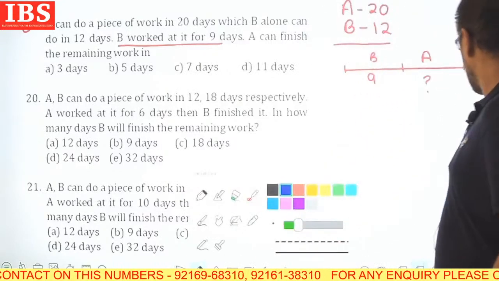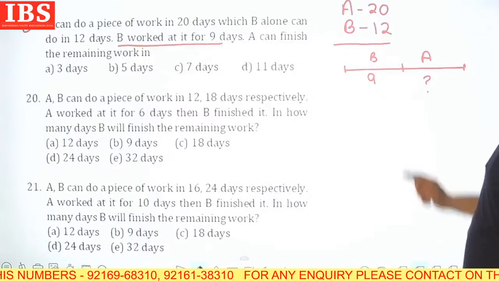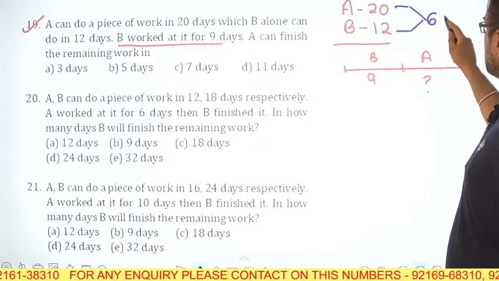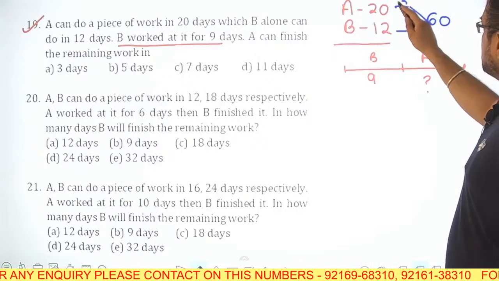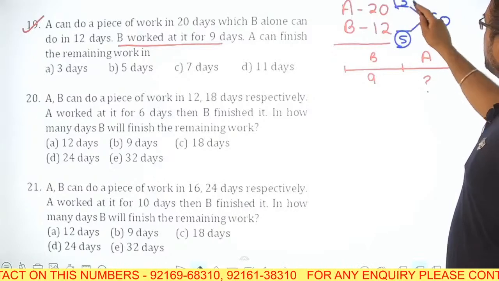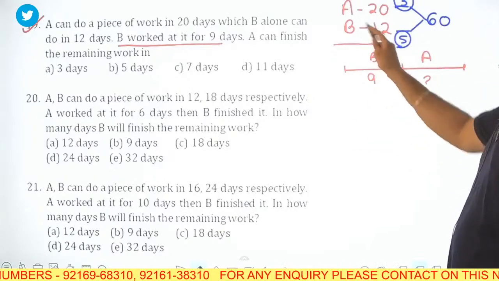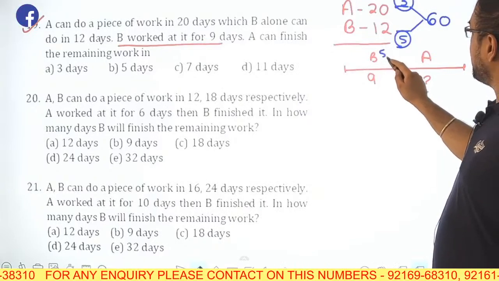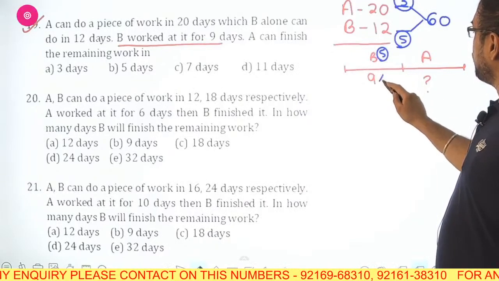So how will we calculate such kind of question? Firstly, we take the LCM of both the values. This is 60. If this is 60, this is 3 and this is 5. So A makes 3 tables per day and B makes 5 tables per day. So if B is making 5 tables per day, 5 into 9 will give us 45.